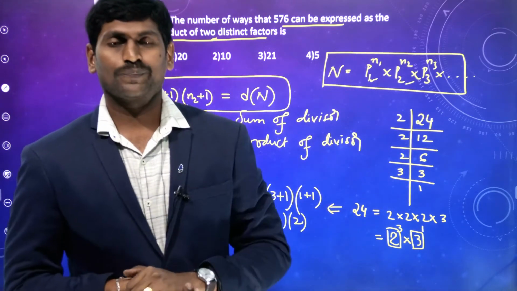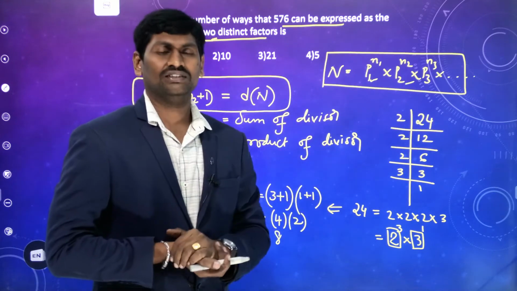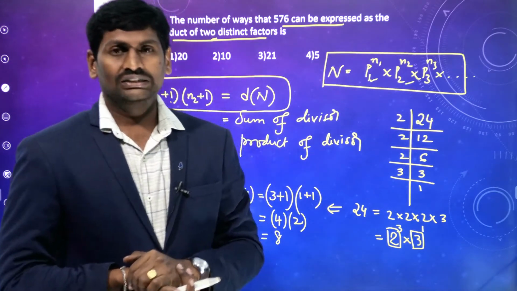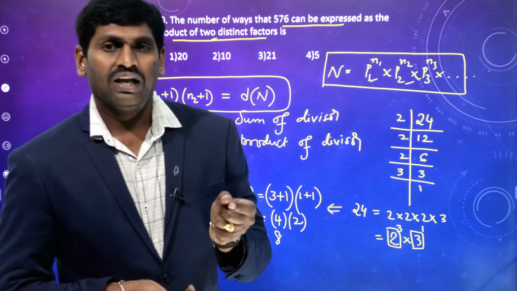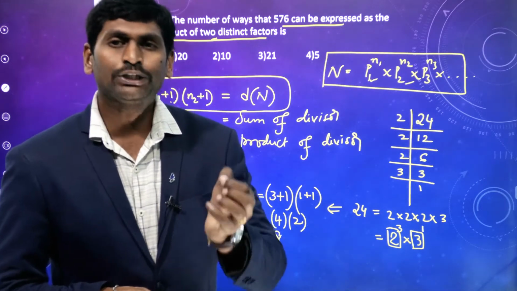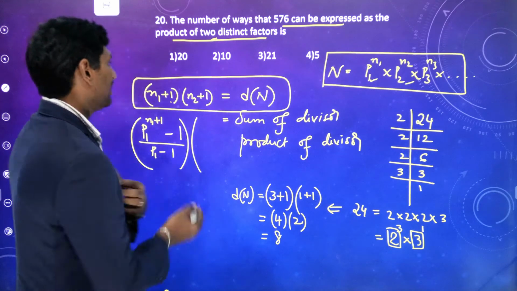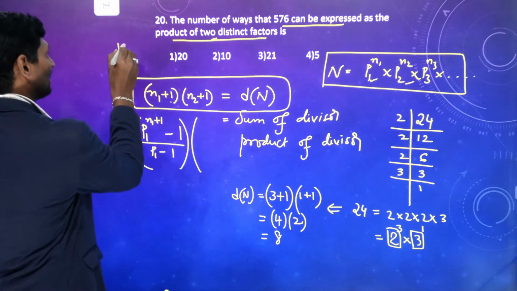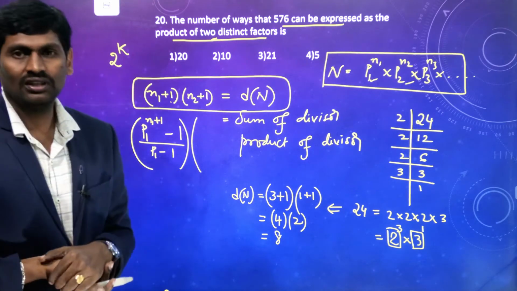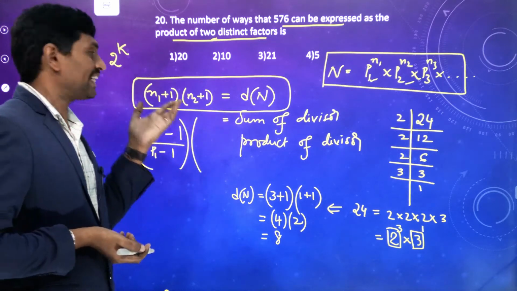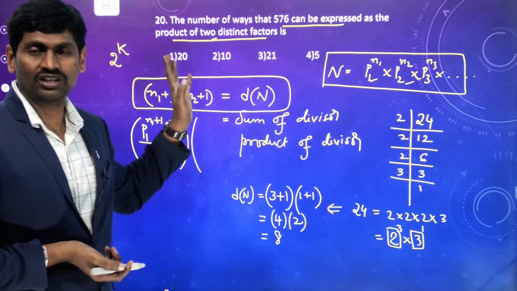For example, one number is given, and that number is in the form of only 2 powers, like 2 power k. K can be any constant, 3, 4, 5, whatever it may be.